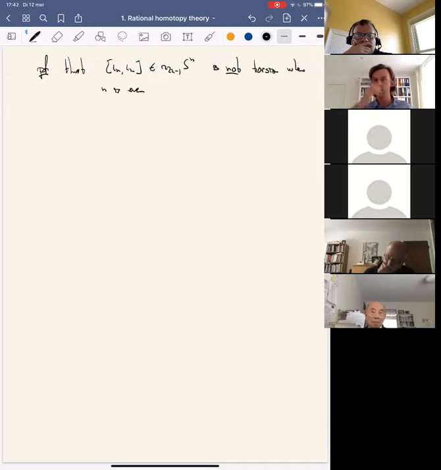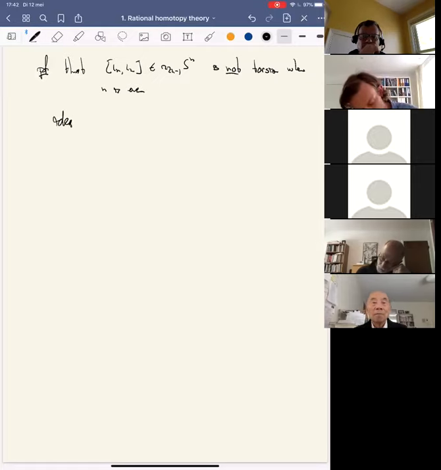Just going through this in maybe too much detail because this calculation will actually play a big role next lecture. So the way to do this is classical, and I guess discovered by Hopf originally. It's namely you compute the Hopf invariant of this map to see that it's not torsion. Right, so the idea is you compute the Hopf invariant.